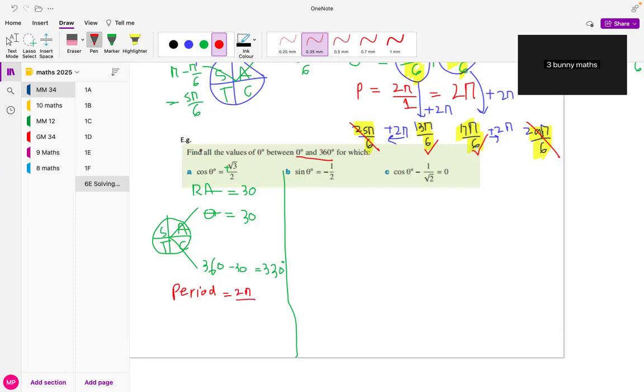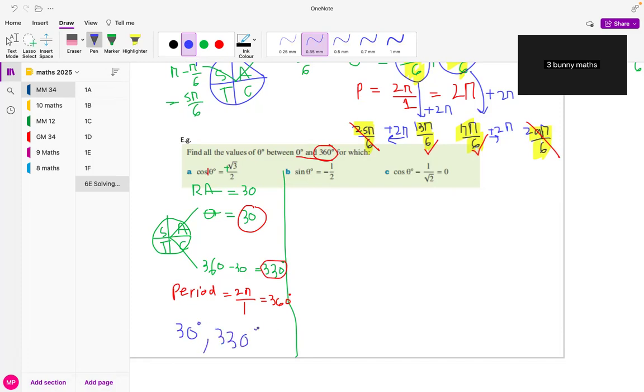So 2 pi over 1, because in front of theta there's nothing, which is 2 pi, which is 360 degrees. So if I have two solutions here, 30 and 330, and I add 360 onto each of them, it's going to be over my domain at 360. So I will not do that because I know it will not work. My solution is I just end up having two solutions, 30 degrees and 330 degrees.